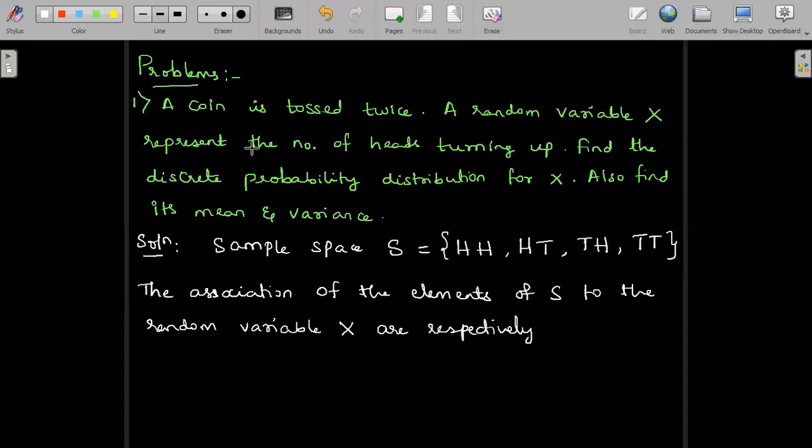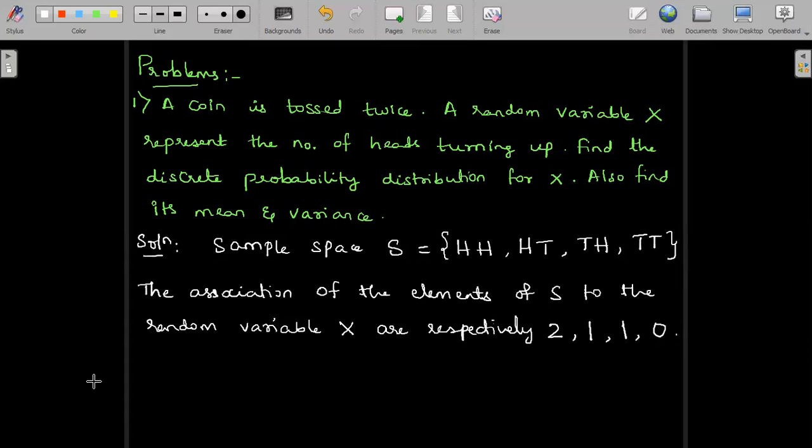A random variable X is defined as the number of heads turning up. In the first element of the sample space, HH, both are heads, so the association will be 2. The second, HT, has only one head, so it is 1. Similarly, TH has only one head, so 1. And the last one has no head turning up, so 0. So the association is respectively 2, 1, 1, 0.